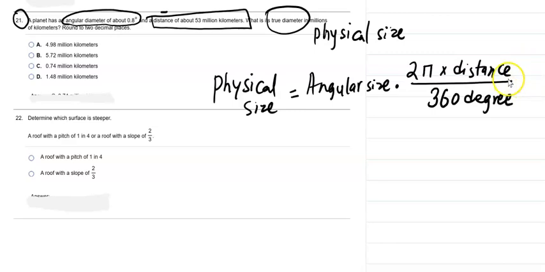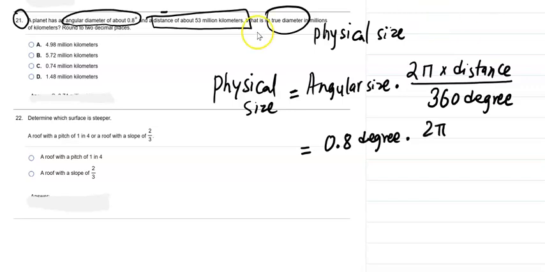Again, this formula is supposed to be on the list that is provided to you. So use this formula to find physical size. Angular size 0.8 degree times 2 pi.